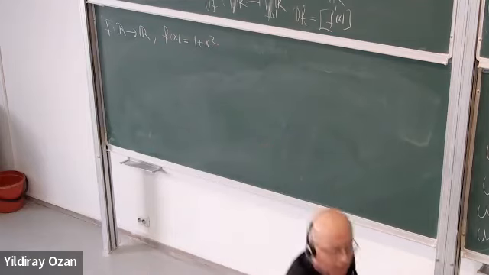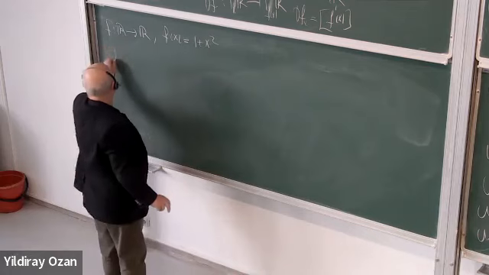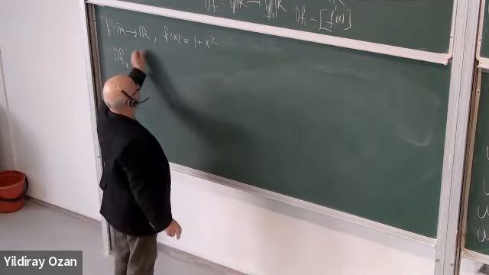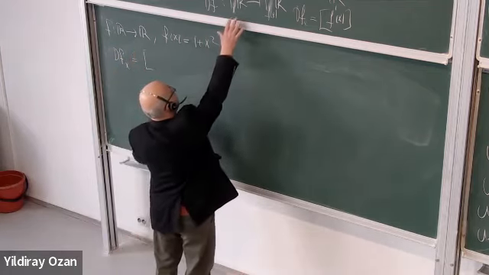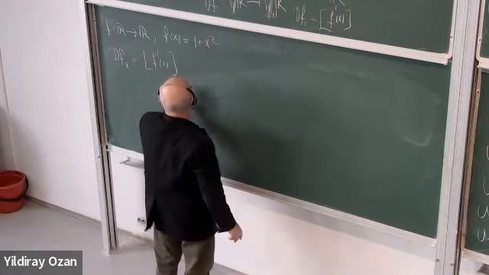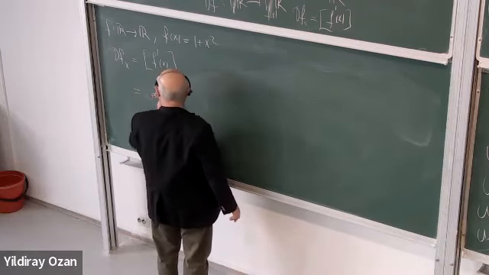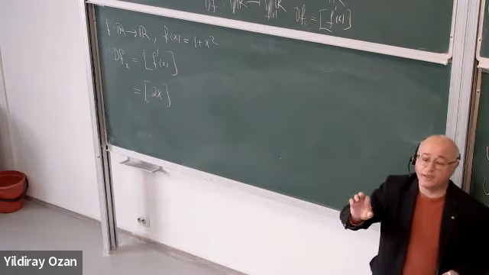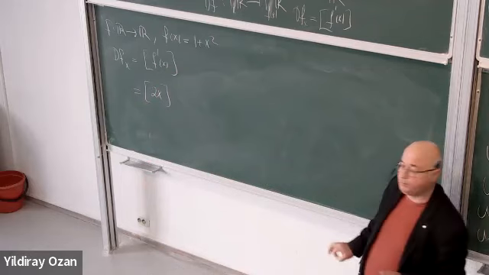Then what is the differential of f? Differential of f at any point x is the linear transformation, and in the standard basis, the matrix notation is just 2x. At the point x, the derivative map is just 2 times whatever that point is.